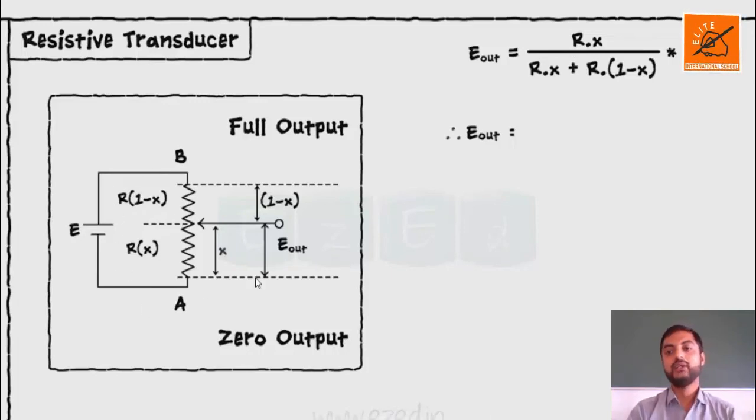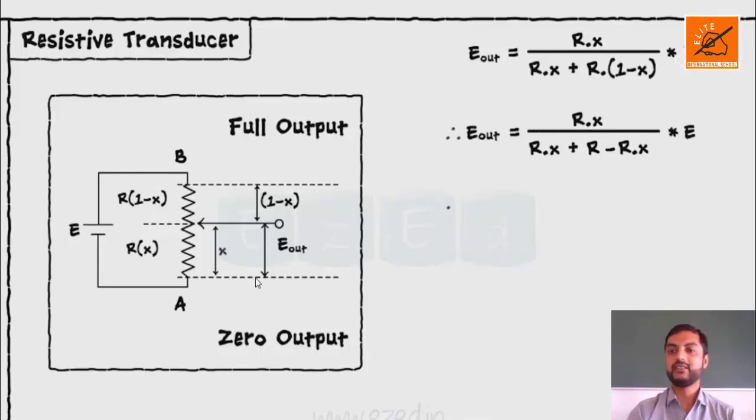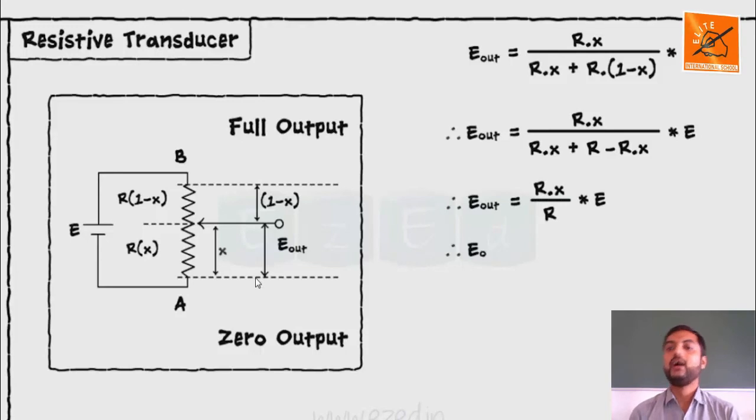Clear? Now E out will be given like this. Just simplify and you will get X into E.